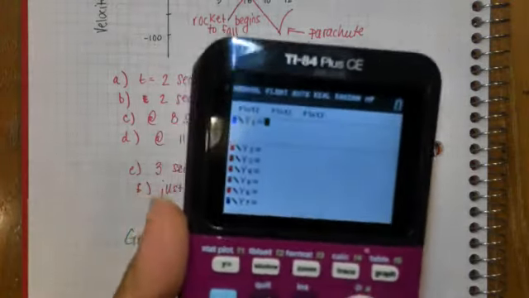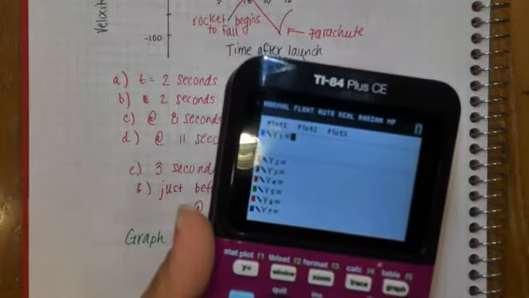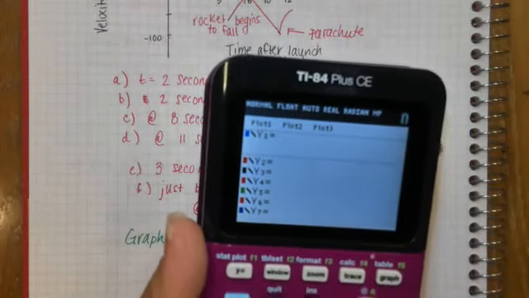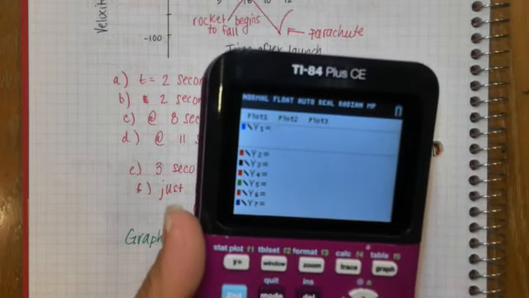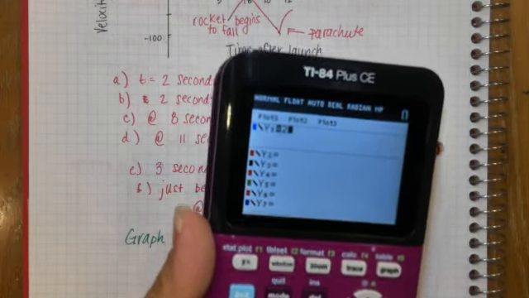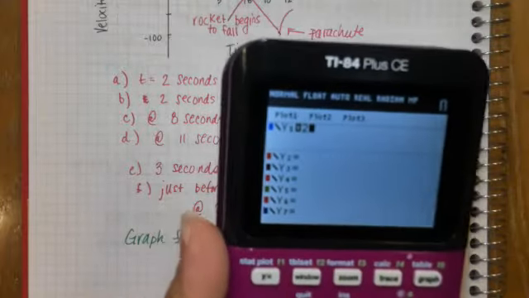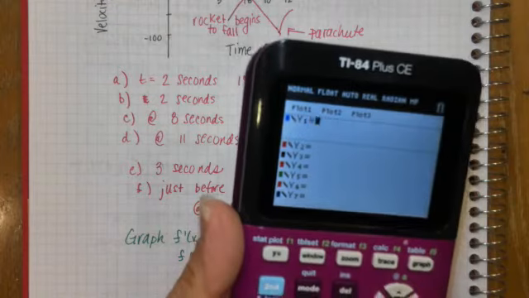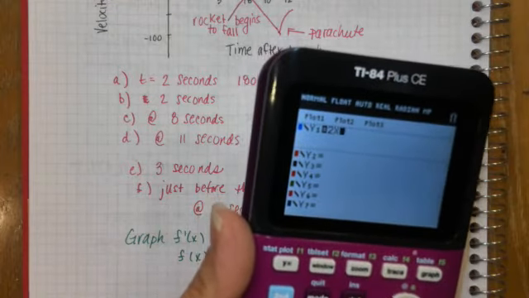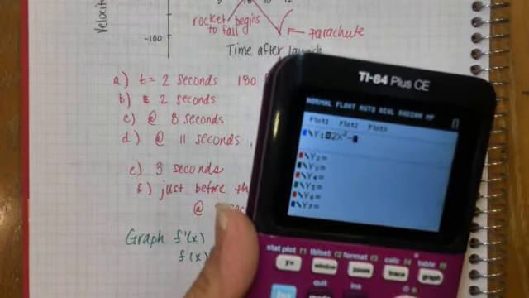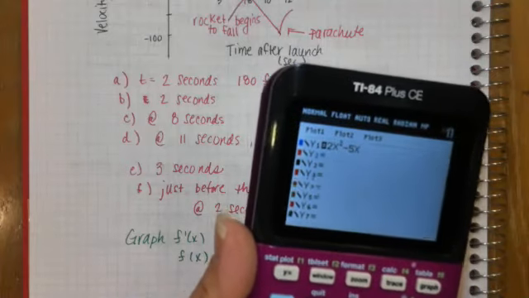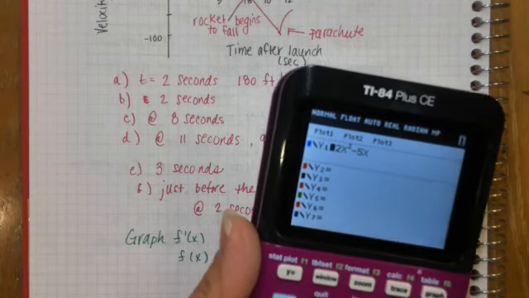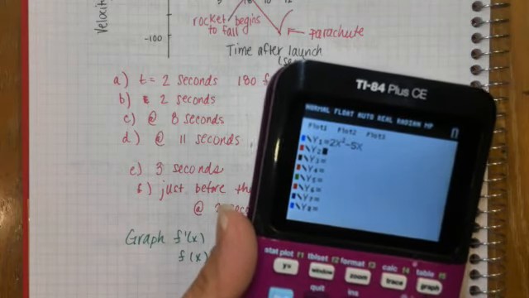So a couple ways you could do this. I recommend that you type in the function that's given to you, 2x squared minus 5x. You don't need to worry about graphing it, so I'm actually going to turn it off so it doesn't get too confusing on my screen.